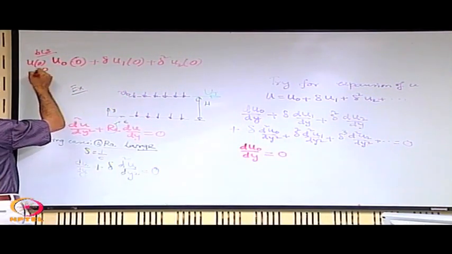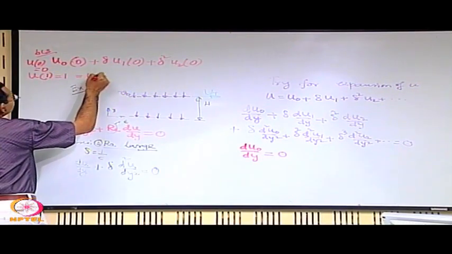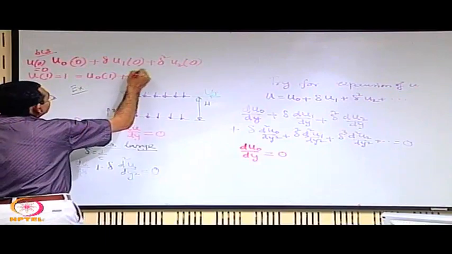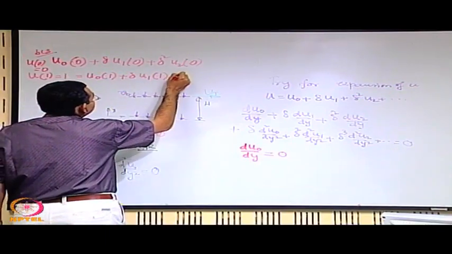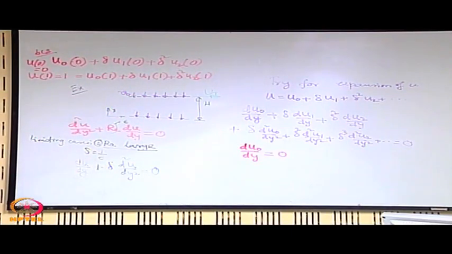Similarly u at 1, which is equal to 1, equals u0 at 1 plus delta u1 at 1 plus delta square u2 at 1, like that, okay.